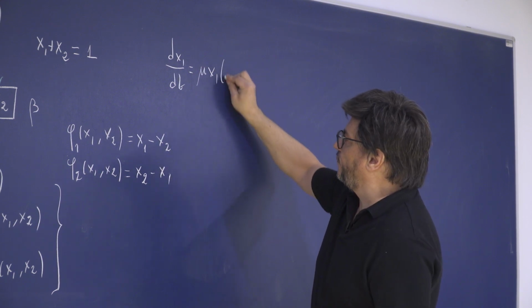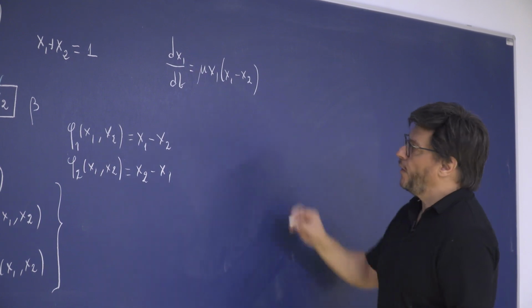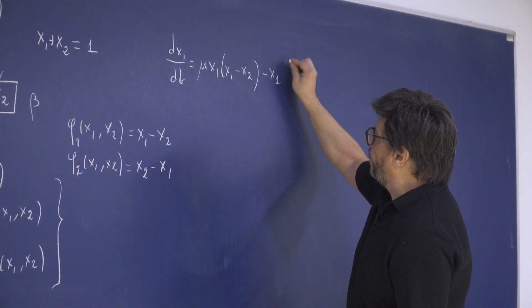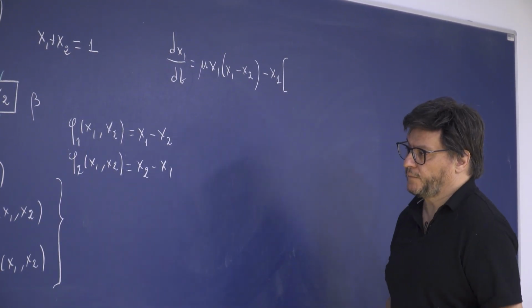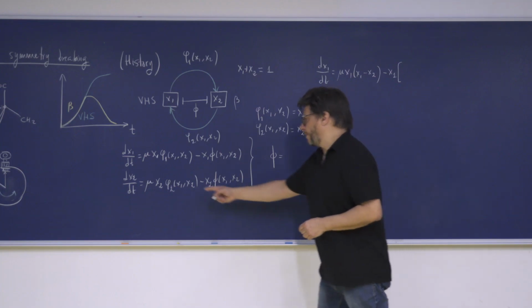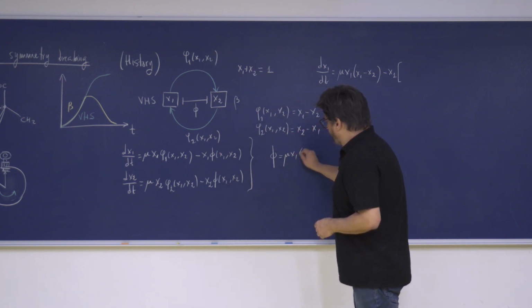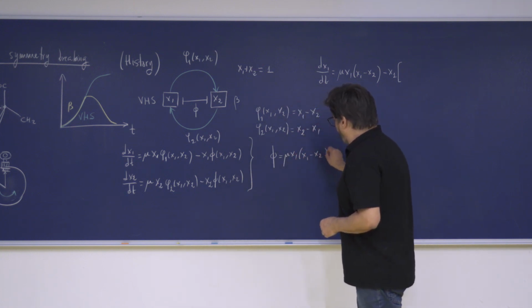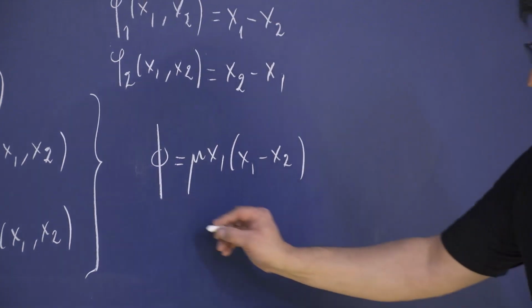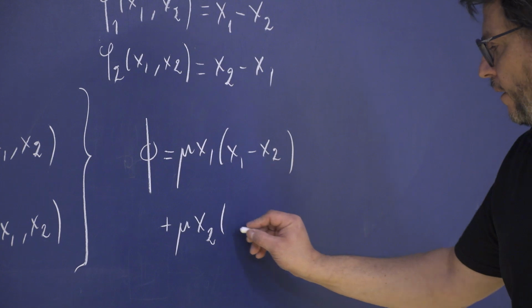This is what I have to introduce now, right? Minus x1, okay? And my phi function will be this plus this, so mu x1, assuming this form, plus mu x2, all right?